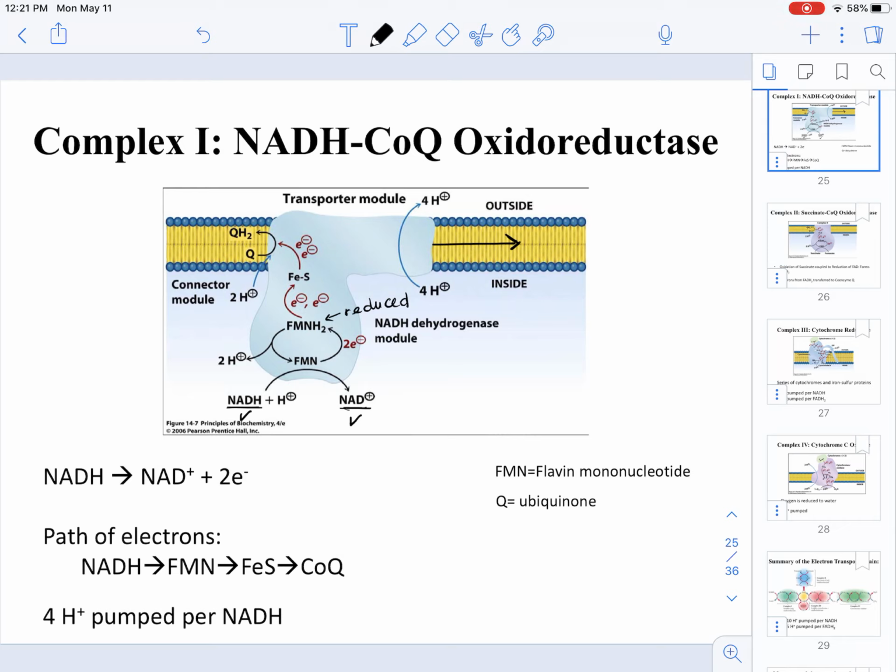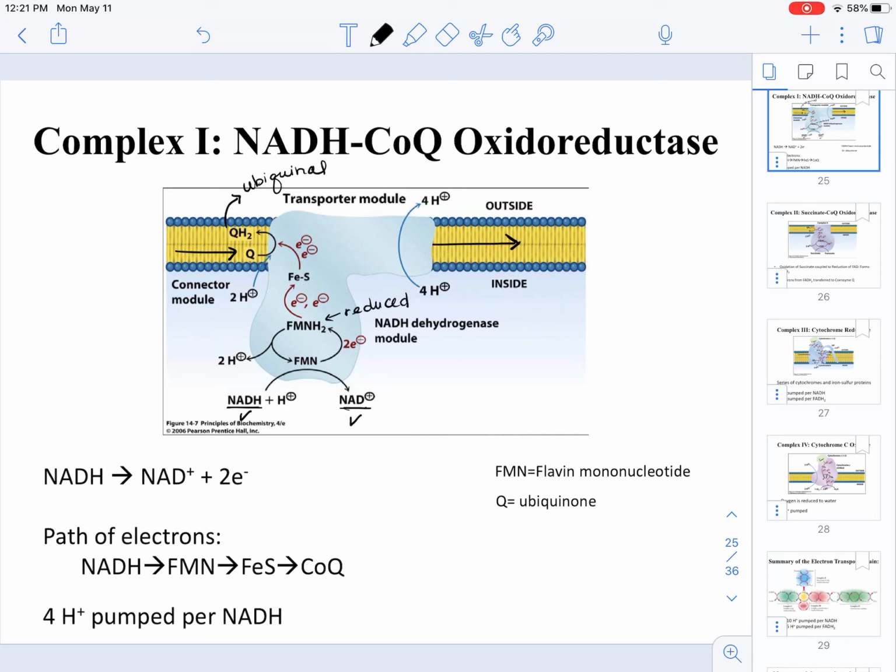Then the reduced form of flavin mononucleotide is going to transfer electrons to the non-heme iron protein, and ultimately those electrons are going to be accepted by Q, which is ubiquinone, and ubiquinone is going to be changed into ubiquinol, which is the reduced form of ubiquinone.